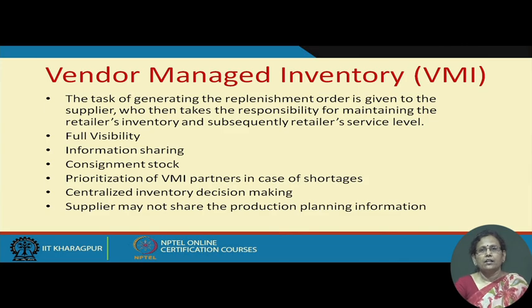Then if there is inventory level collaboration and not planning level collaboration, then the model that is followed is called vendor managed inventory. Look, here also there is full visibility, and in collaborative planning and forecasting there is also full visibility.